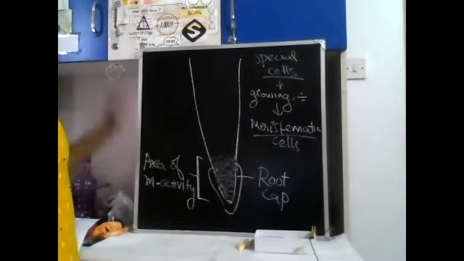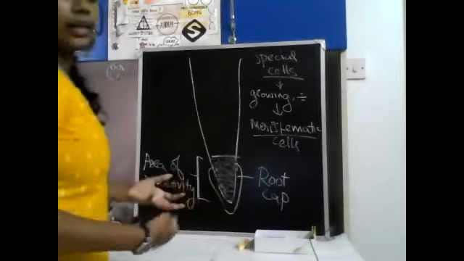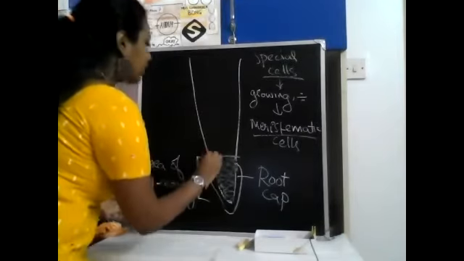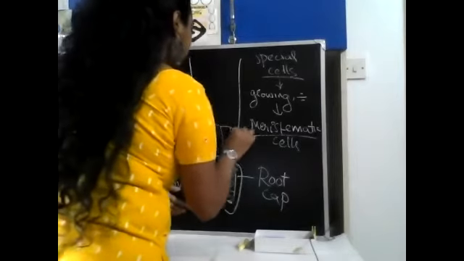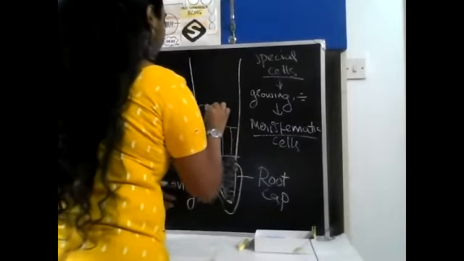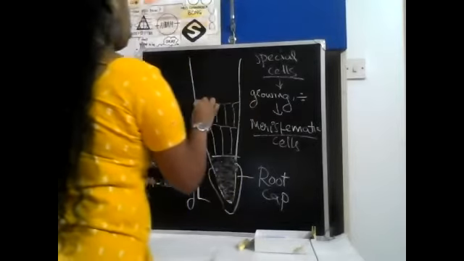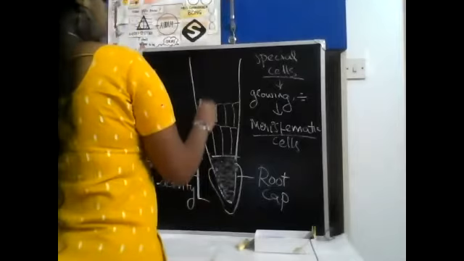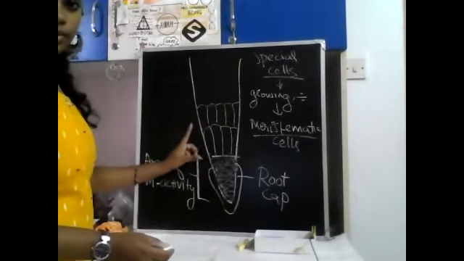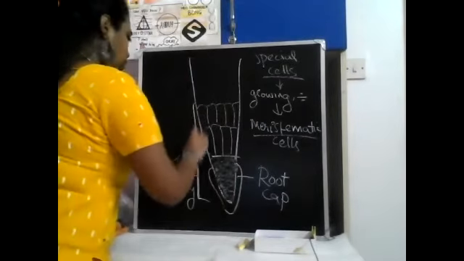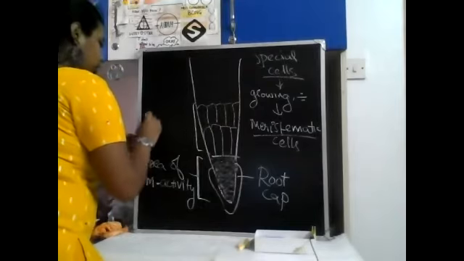Okay. So next what happens? Here the cells have been dividing and growing. Now the cells need to become longer for the root to grow. So since the cells are becoming longer and stronger, these cells are said to be elongated. Can you see? Okay. So this zone is called area of elongation.